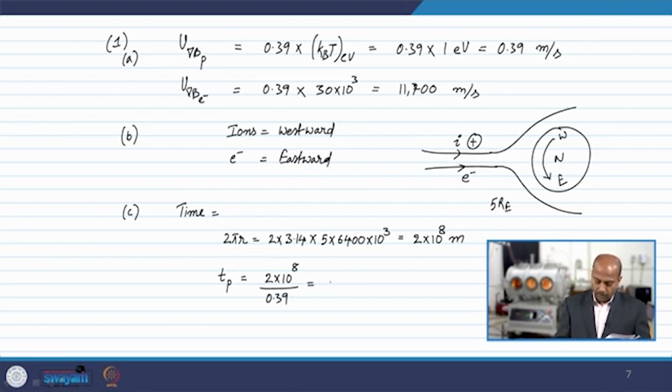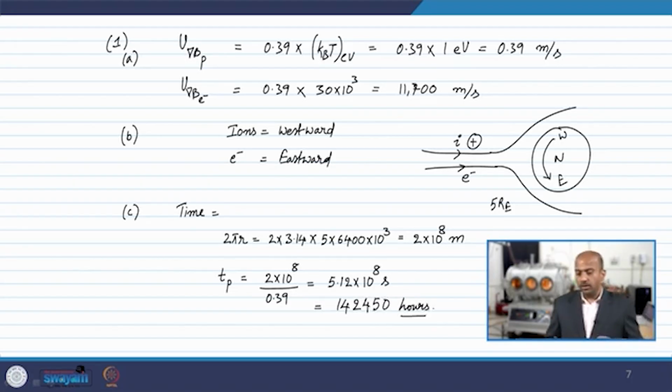This will take 5.12 into 10 to the power of 8 seconds, which will be approximately equal to 142,450 hours. So, for the solar proton which is coming with an energy of 1 electron volt, it will take nearly 142,450 hours to complete one revolution at 5 times the radius of the Earth.